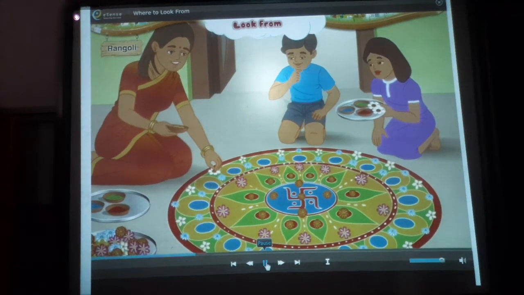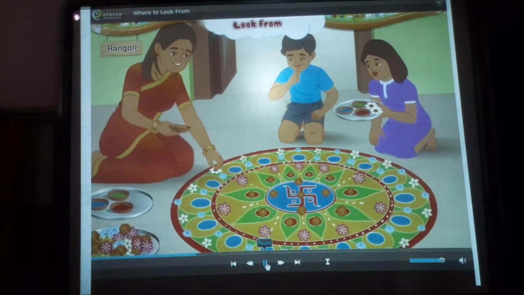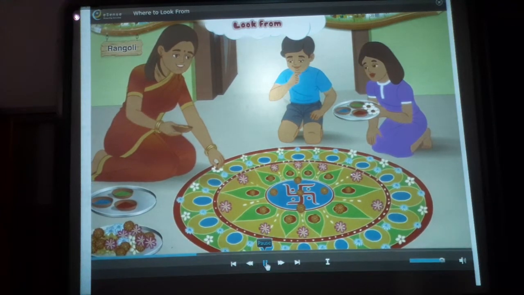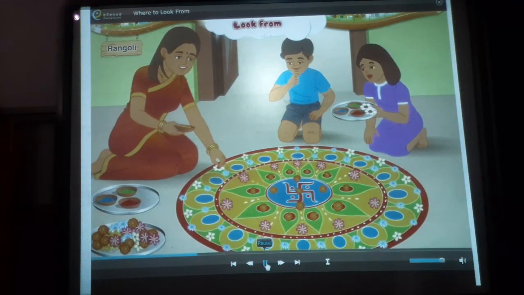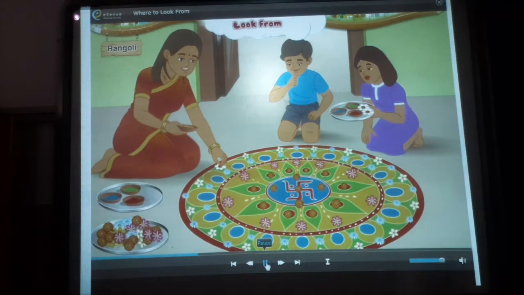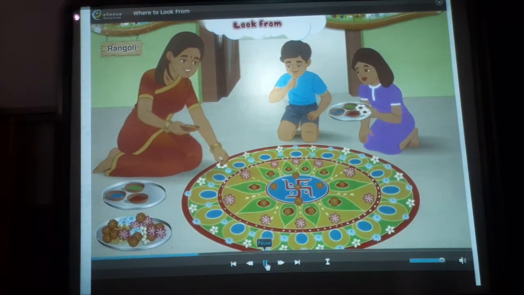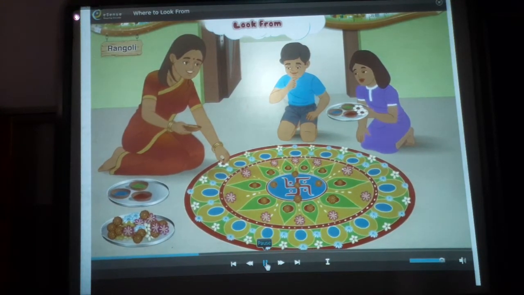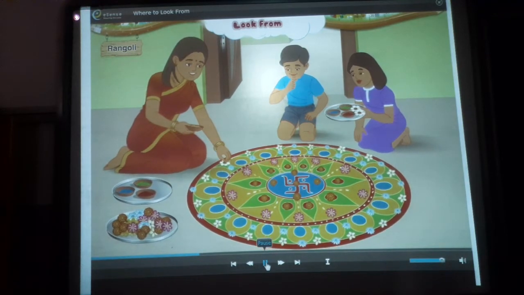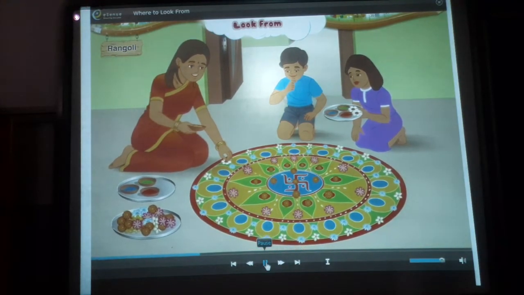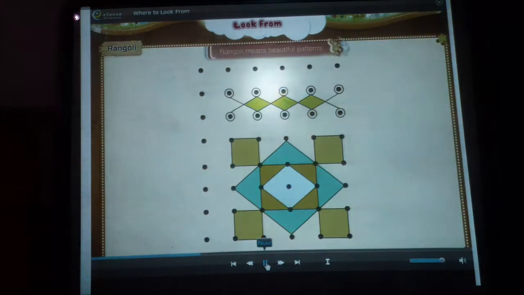In Tamil Nadu, there is a tradition of making rangoli every morning in the front yard of the house. This rangoli is made by using colors and flowers. They make rangoli by using the dots. Rangoli means beautiful patterns.